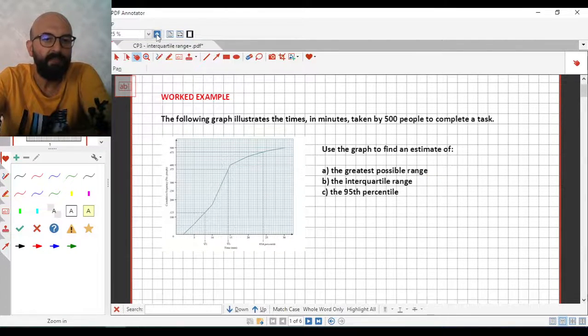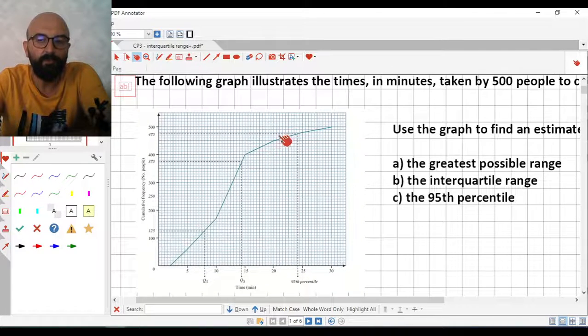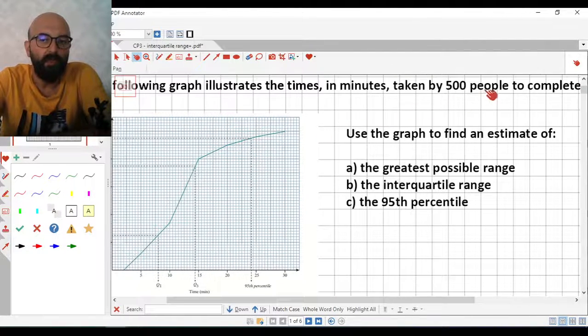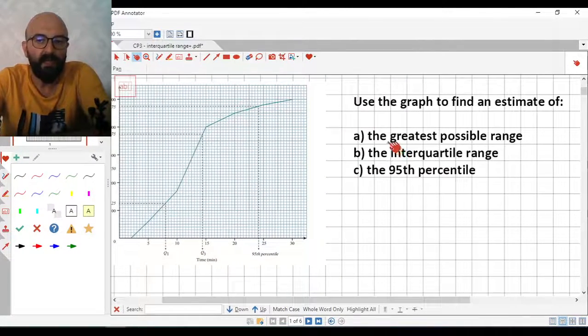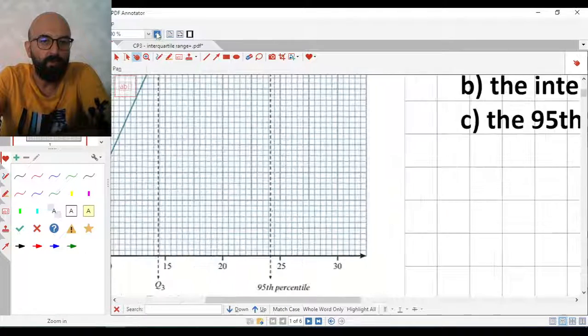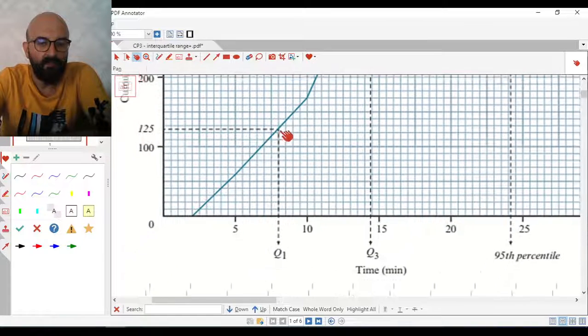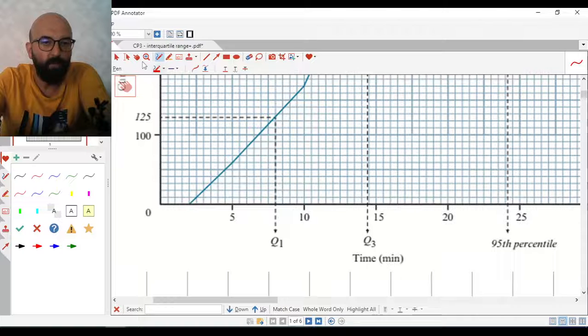Okay, now we have a cumulative graph related to 500 people, and they want the greatest possible range. If you notice on the graph, the smallest data means this point.